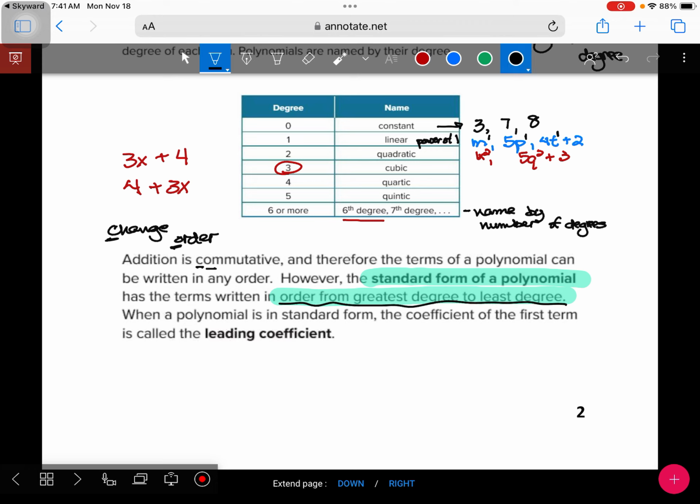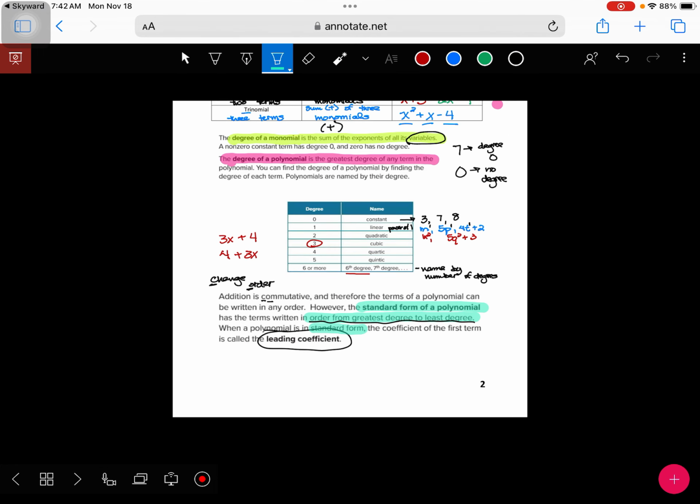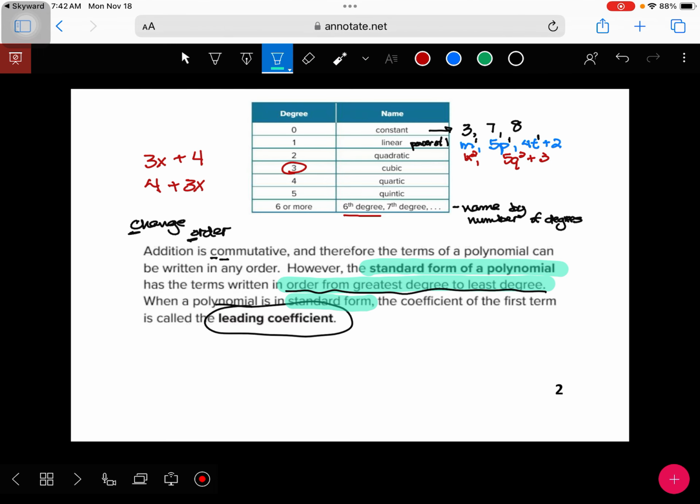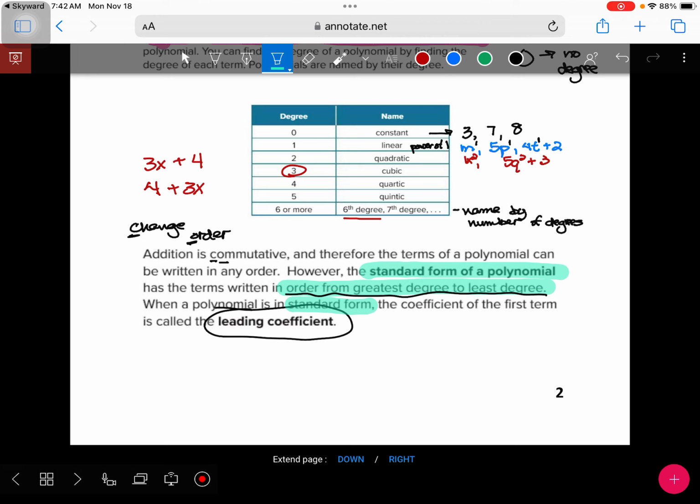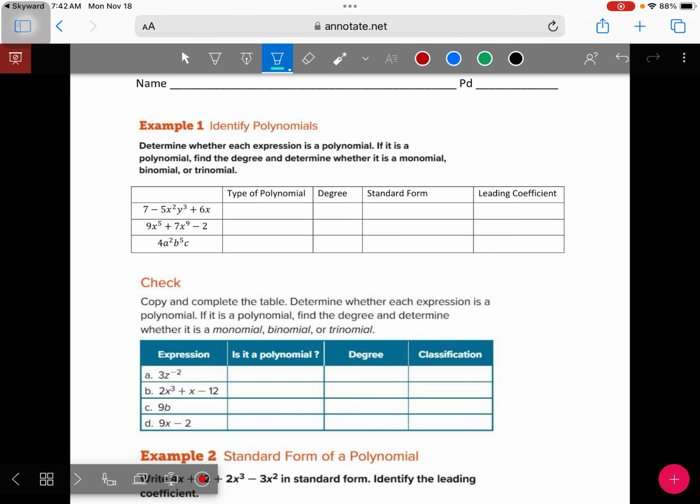When a polynomial is in standard form, the coefficient of the first term is called the leading coefficient, but it has to be in standard form. Okay? Now, I don't know if you realize it or not, but you have just been given a vast amount of information. So it's going to take a little while to digest it all. All right? Let's take a look at the top of the next page. Let's look at some of these examples.